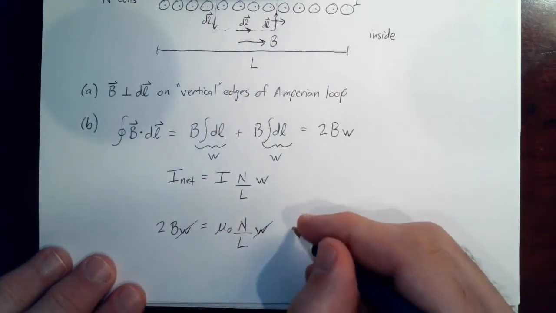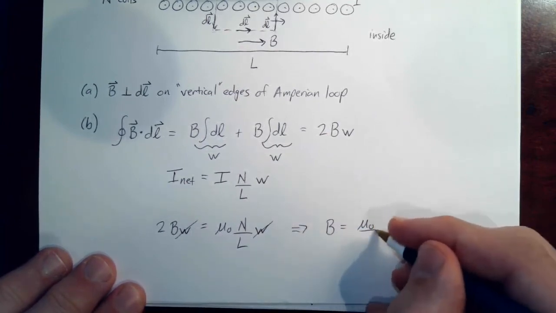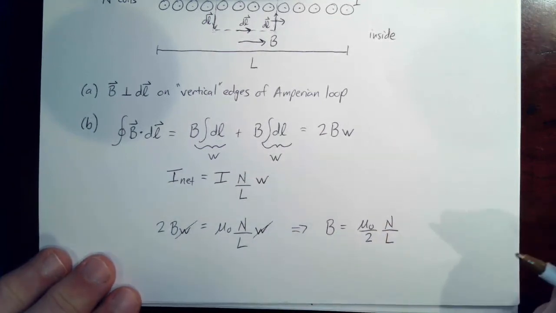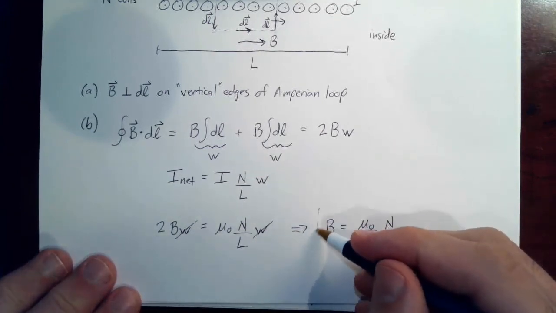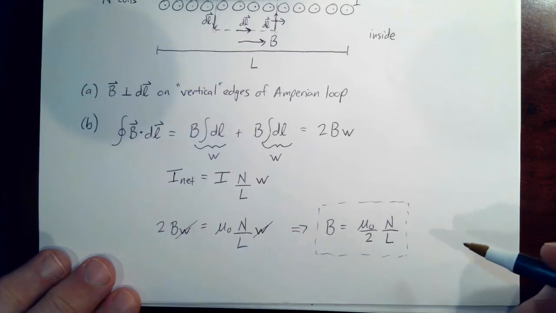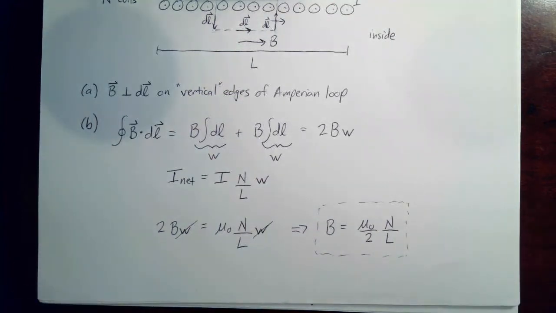And now I can solve for B. And I get mu naught over 2 N I over L. So I get half the result that I got in my previous video when I assumed that the magnetic field was 0 outside. Now we're going to do the other half of the solenoid.